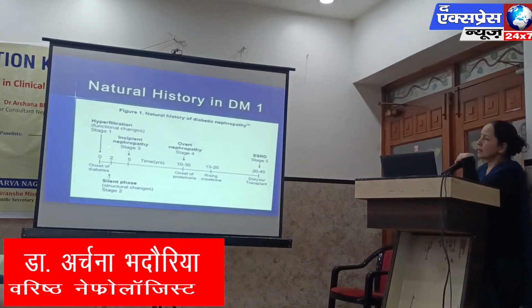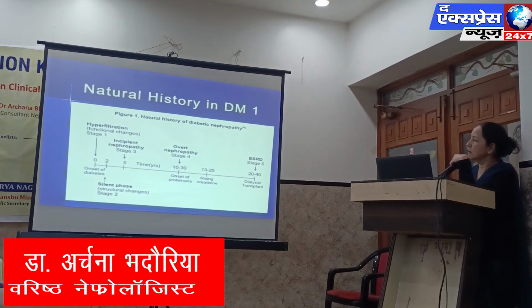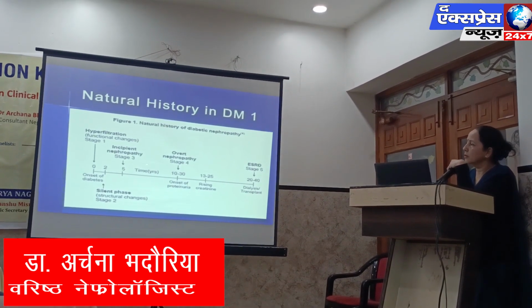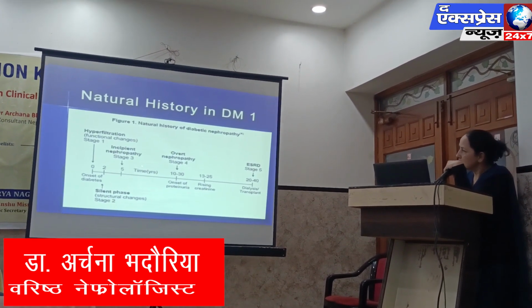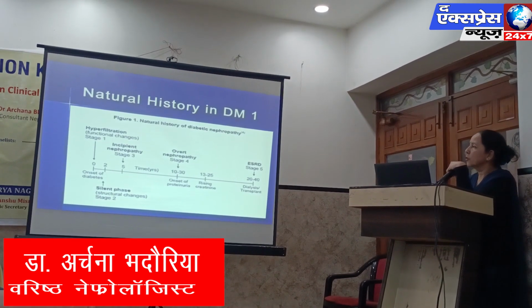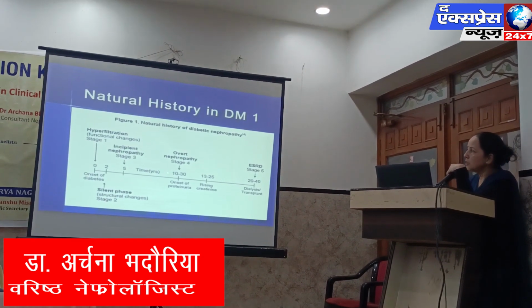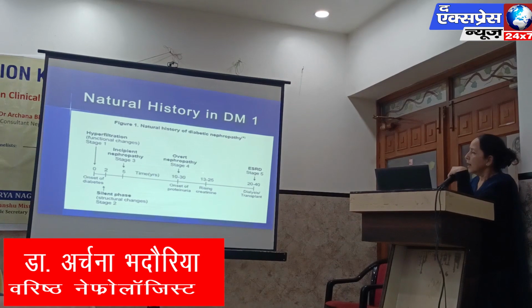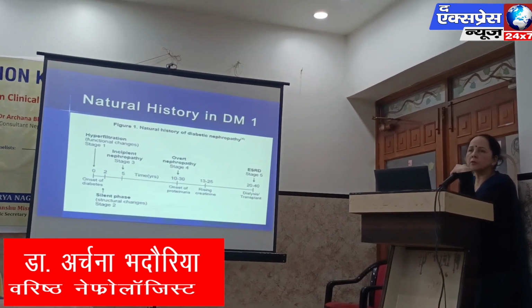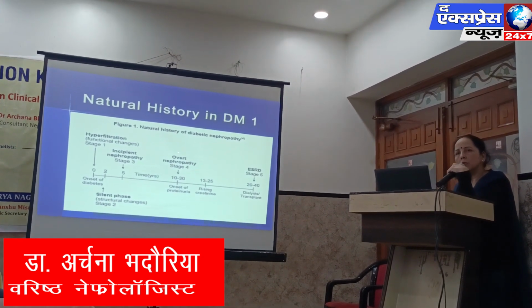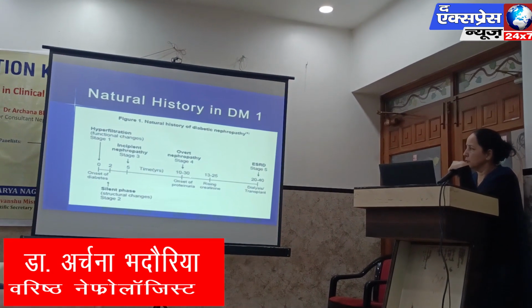If the patient doesn't listen, continues with all Ayurvedic medicines and Jamun gutli and all this, gradually this incipient nephropathy converts into overt nephropathy. And at this stage, even routine urine microscopy will show albuminuria, proteinuria.